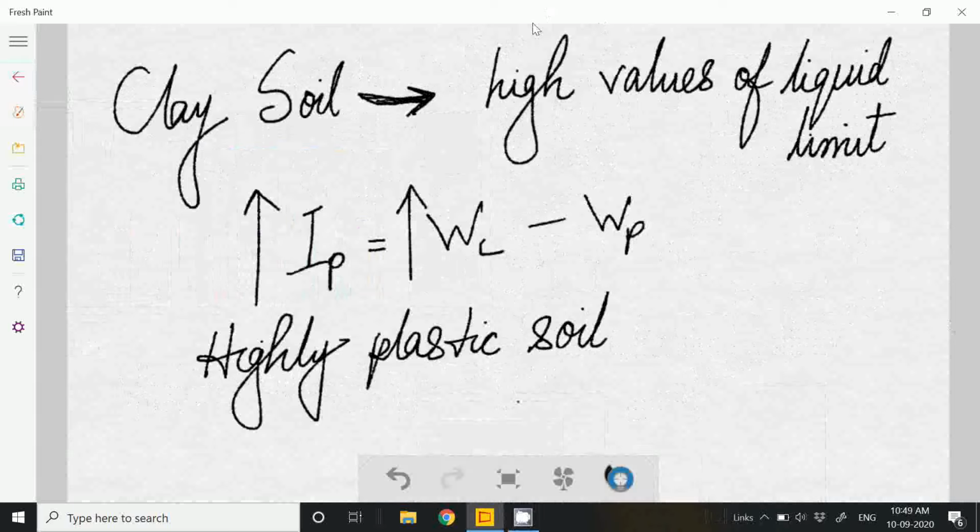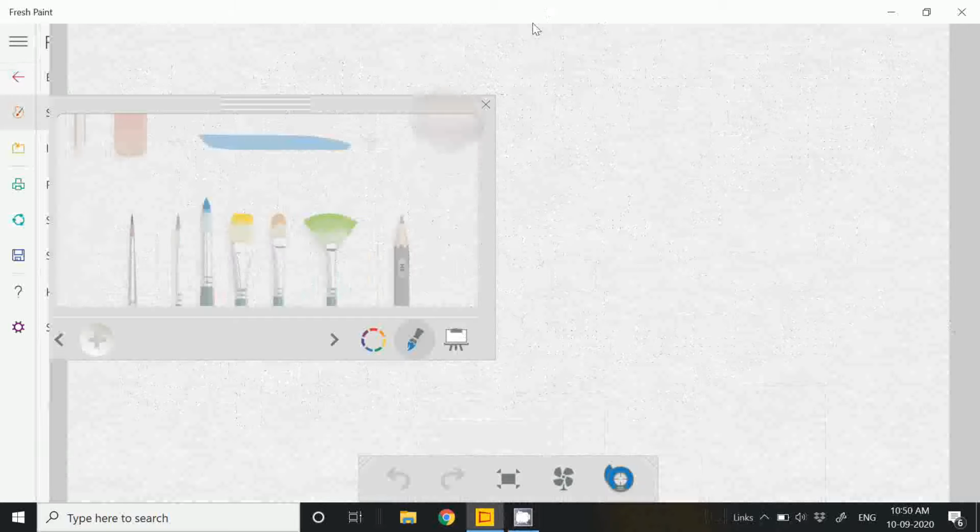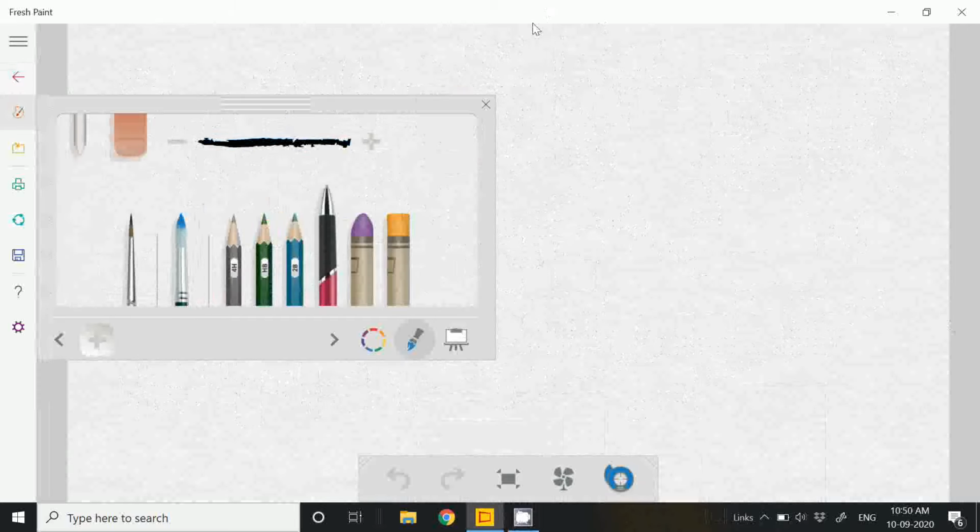Sometimes you get a clay soil which has a low liquid limit, or let us say a low plasticity index.